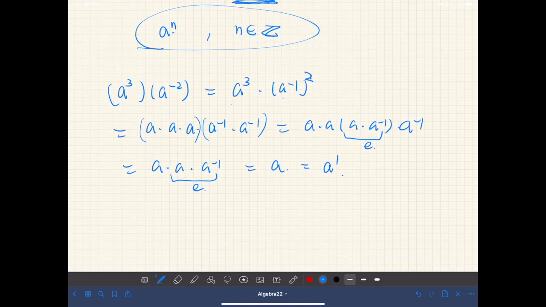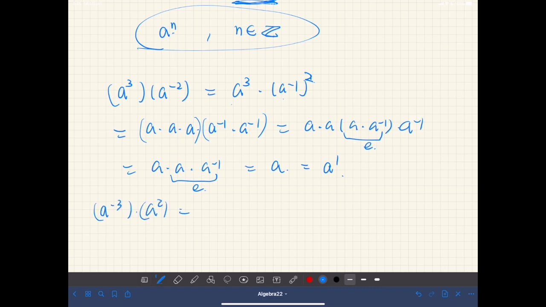And another example, a to the power of negative 3 times a to the power of 2. So we just skip some steps, and this means a inverse, a inverse, a inverse, 3 times, and a times a. So using this times this, they can be cancelled, and these can be cancelled.